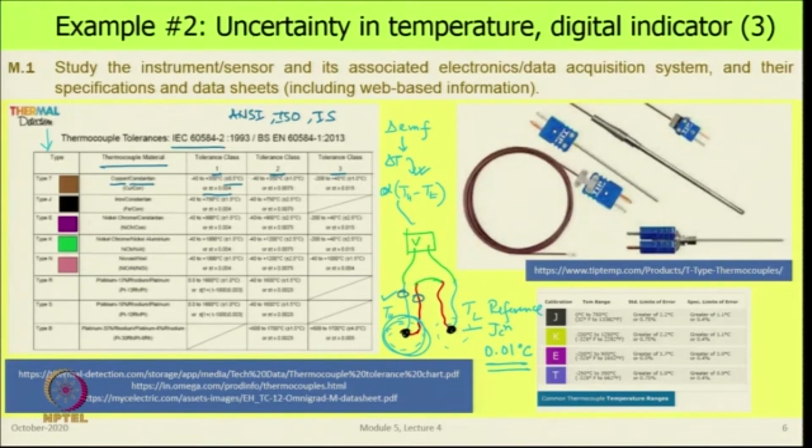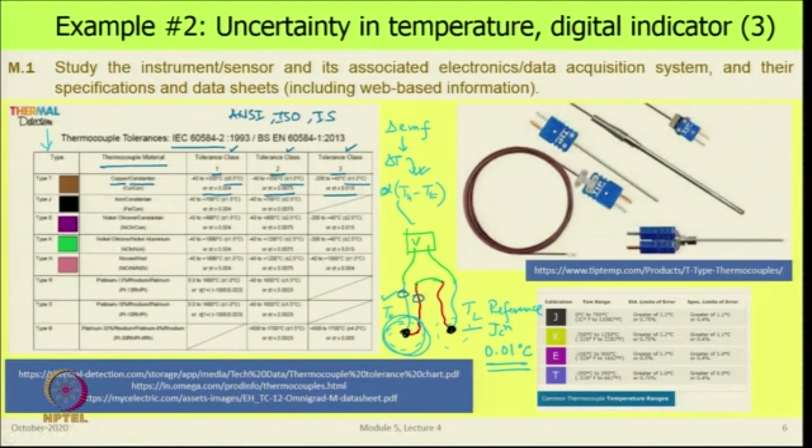For tolerance class 2, for the same range, we have type T, which is good for minus 40 to plus 350 degrees Celsius, plus minus 1 degree Celsius or plus minus the temperature multiplied by 0.0075, whichever is greater, either this or this. And for class 3, it is plus minus 1 or the temperature measured times 0.015, whichever is greater. So, this is the highest accuracy, then less accuracy and the least accuracy.